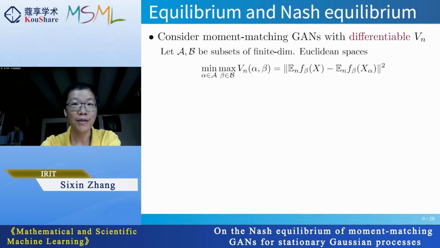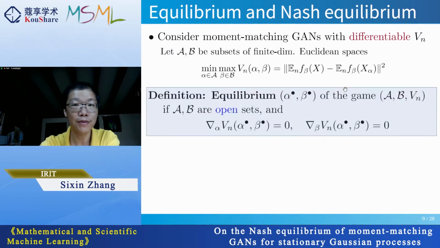So let me go a bit more into these notions of equilibrium, Nash equilibrium, and consistency. For this problem, we assume that Vn is differentiable, and we define the equilibrium in the classical way: we assume there is no boundary, and then the gradient is 0. So that's the stationary point, usually in optimization.